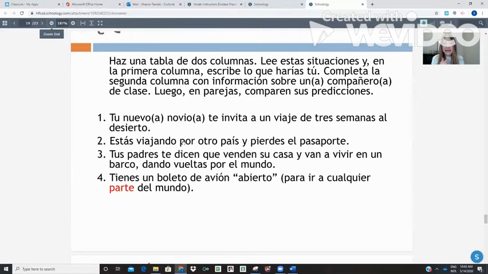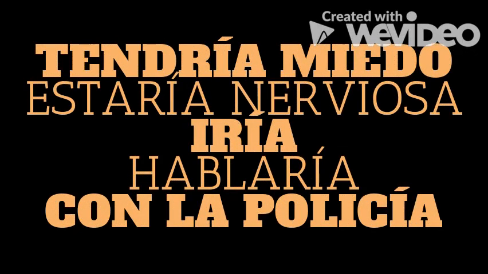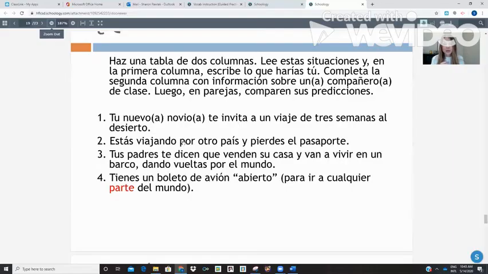I would be very nervous. Yo iría al consulado de mi país. I would go to the consulate of my country. O hablaría con la policía. I would talk to the police. Porque es posible que alguien lo haya robado.